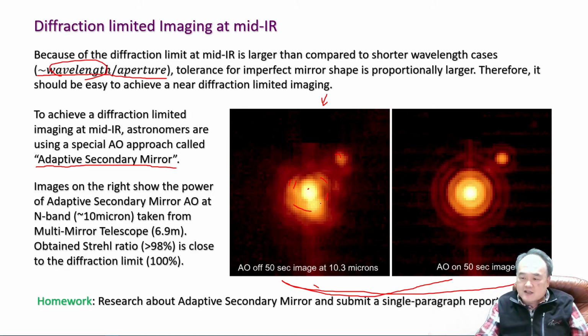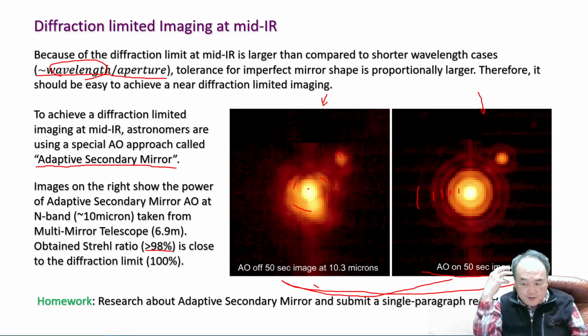But once we turn on the adaptive secondary mirror, we can see nearly diffraction limited imaging capability. We can see 1, 2, 3, 4, even 5 Airy rings. And in this case, the Strehl ratio is nearly 98%.